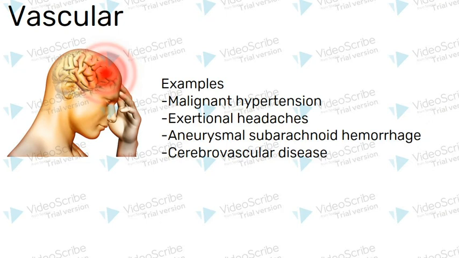Next is aneurysmal subarachnoid hemorrhage, which is very intense and sudden. It is associated with vomiting and neck stiffness. It is also identical to thunderclap headache. Another example is cerebrovascular disease, such as giant cell arteritis, which affects the extracranial, temporal, and occipital arteries.